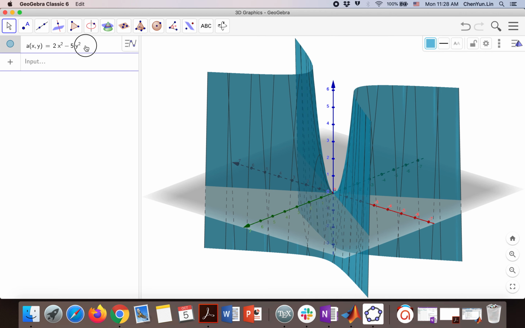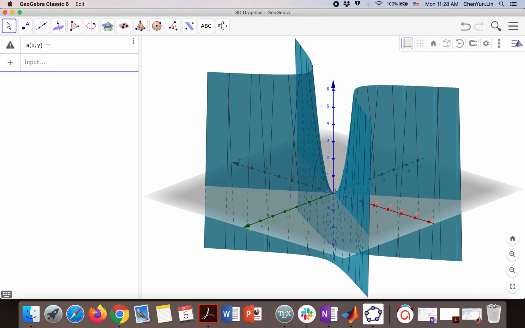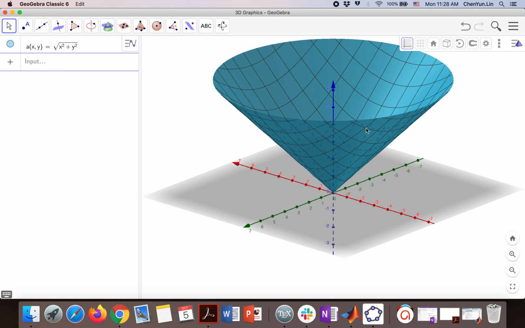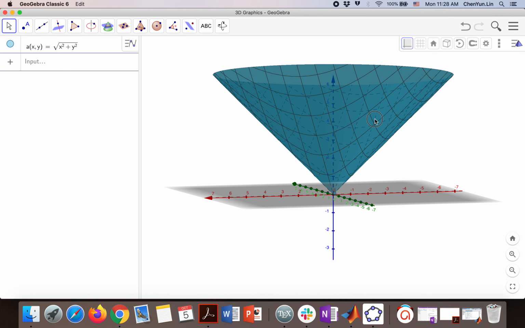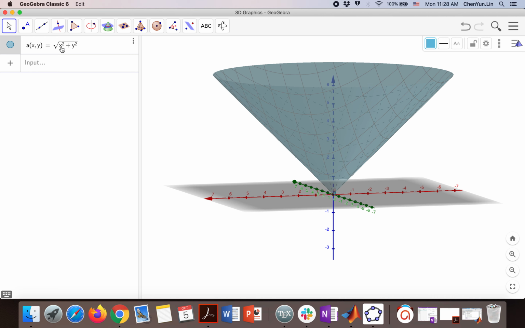All right. Now let's look at another one. Square root of x squared plus y squared. Guess what you get? Ha! You get a cone, like an ice cream cone. Let's play with the coefficient a little bit, just so we know what's happening. Let's put 3 here.